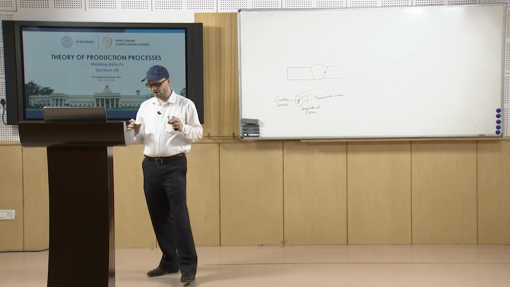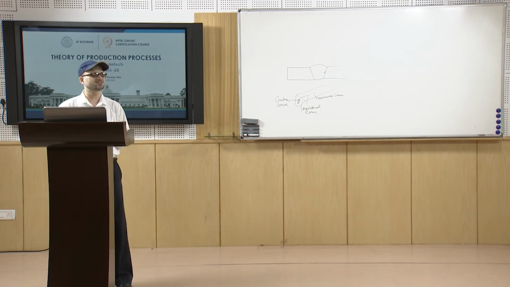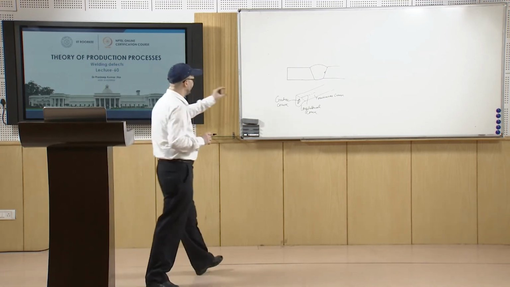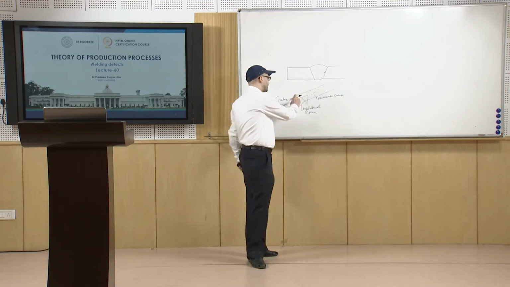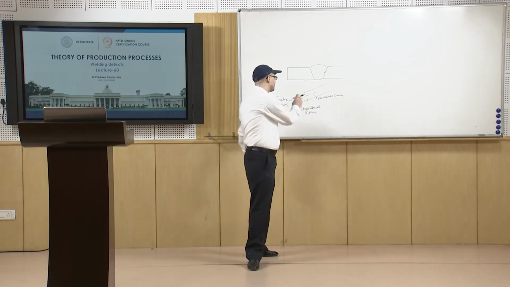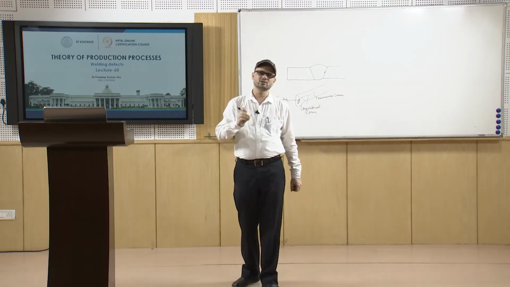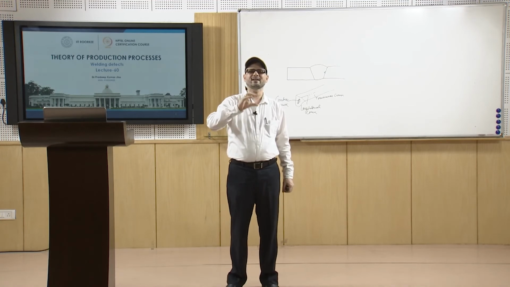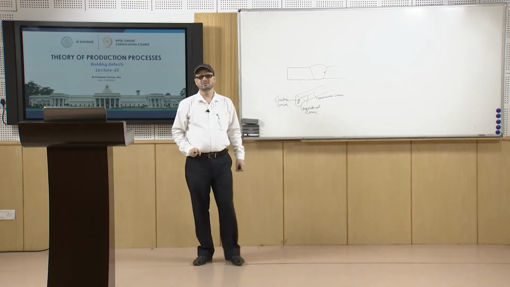And normally what is seen is that for these crater cracks, when you are doing the welding and you stop at some point, you must have a convex type of deposit. You deposit the metal in a convex form so that the crater cracks are not formed at this place.